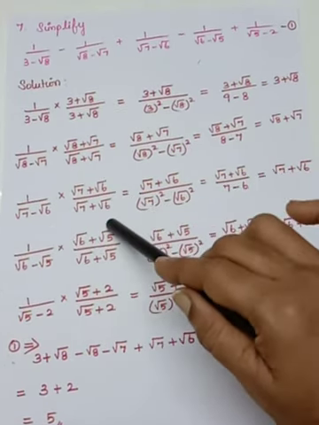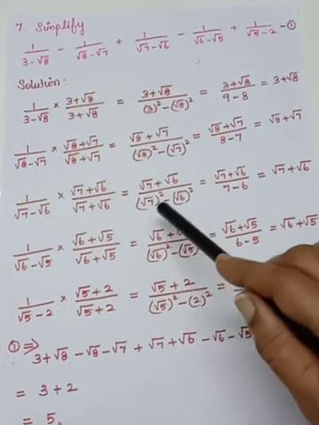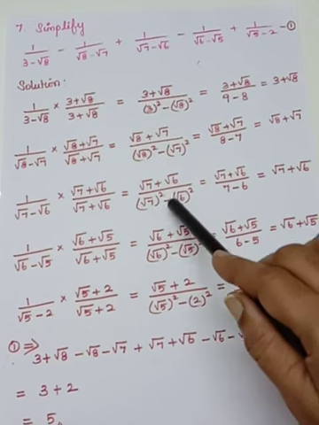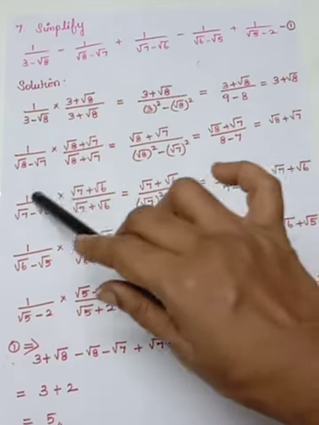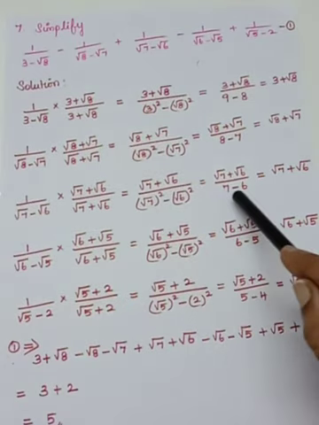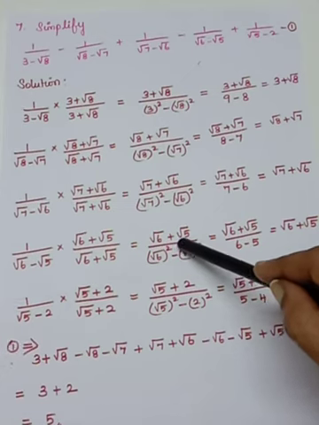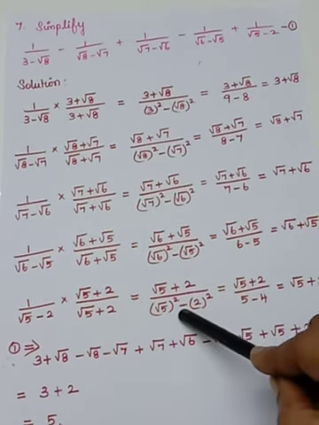For that, multiply and divide by the conjugate. The denominator is just in the form of a minus b into a plus b. So root 7 the whole squared minus root 6 the whole squared. The numerator 1 into this is root 7 plus root 6. So here you are having 7 minus 6, that is 1. So you will get this answer. Similarly, you have to do the fourth term and the fifth term.